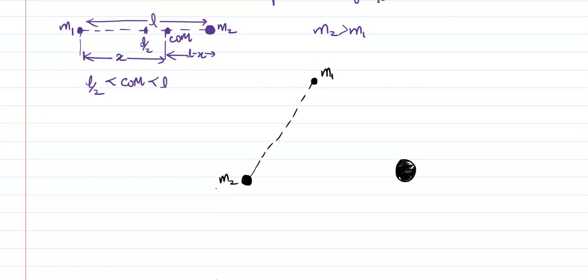Now you can see that the size of m3 is greater than m2, the size of m2 is greater than m1. That means I can assume that center of mass will be situated somewhere near m2, not in the middle but somewhere near m2. So I can assume this position as center of mass of m1 plus m2, sum of both the masses, not their average, it will be sum of both the masses. Okay.